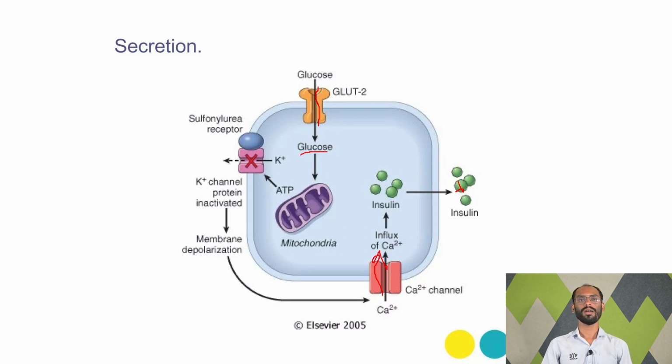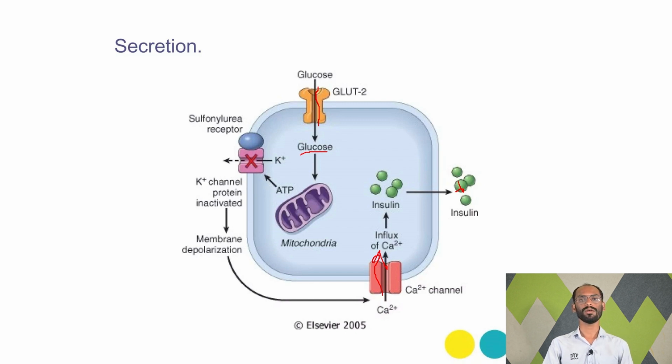But now, as one ATP molecule is released during the conversion of glucose to glucose 6 phosphate, this ATP molecule works on this potassium channel and blocks it. By blocking this potassium channel, there is a dysregulation of potassium influx.